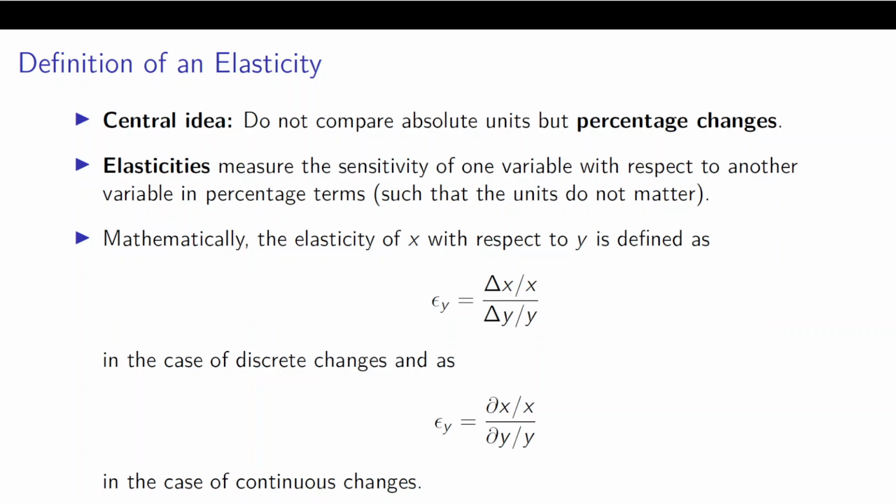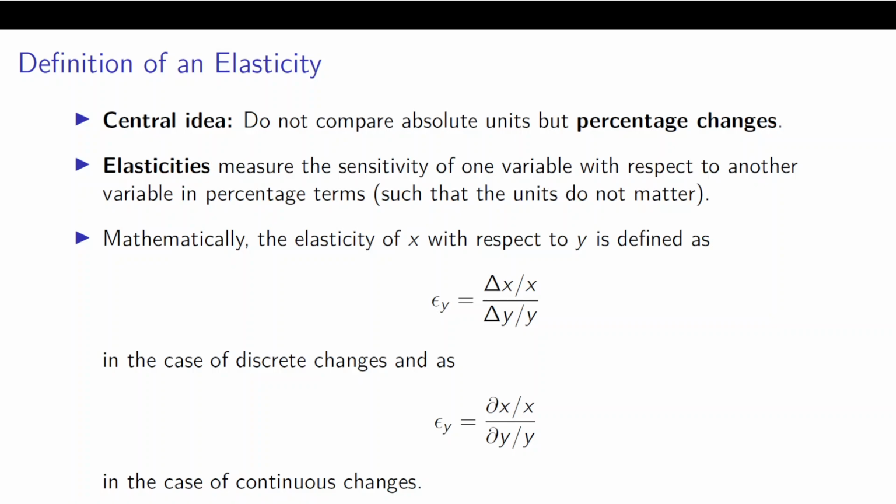Then we would have the price change here divided by the price level before. So then we have the percentage change in the quantity in the numerator and the percentage change in the price in case of the price elasticity of demand in the denominator. That is if the change that we are observing is discrete.